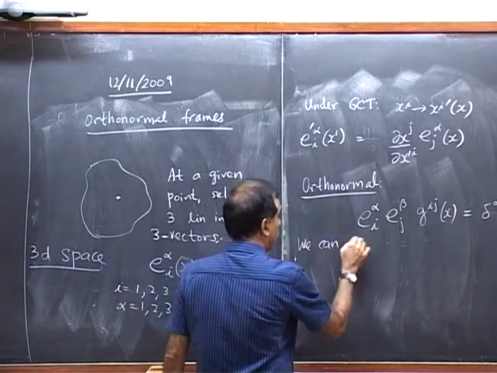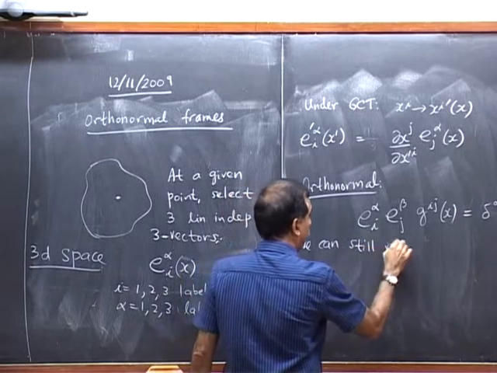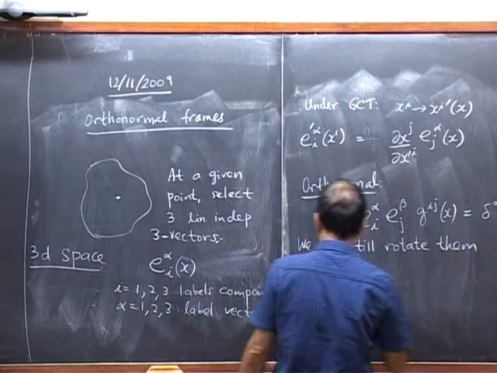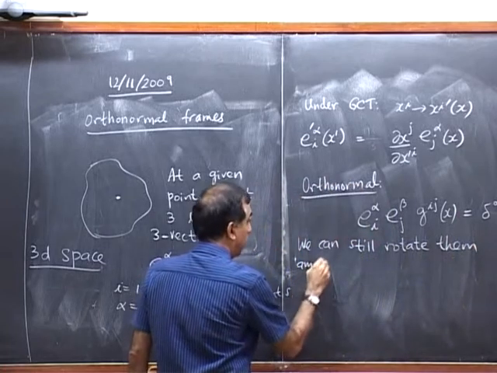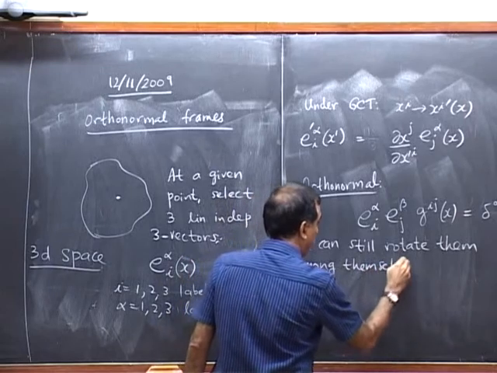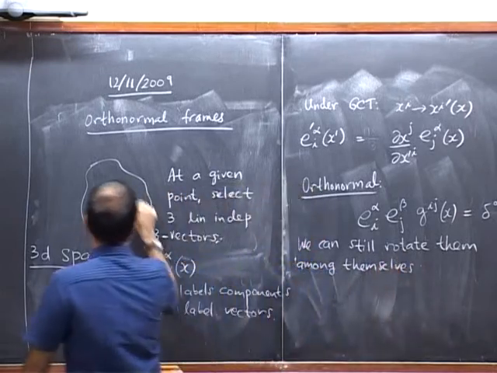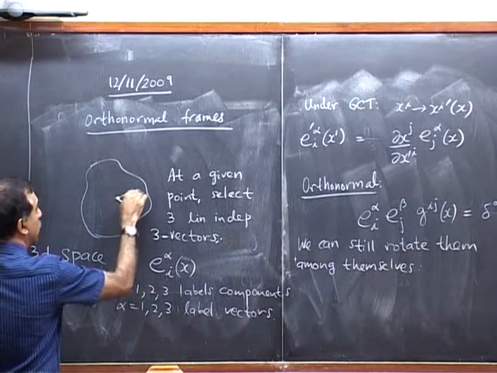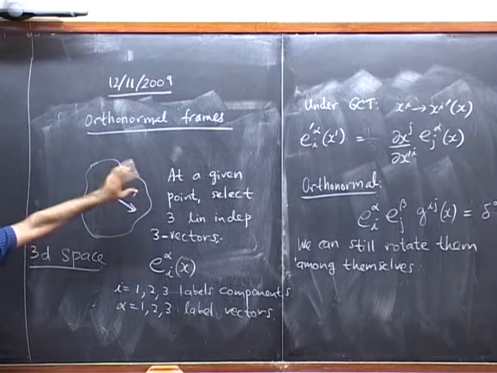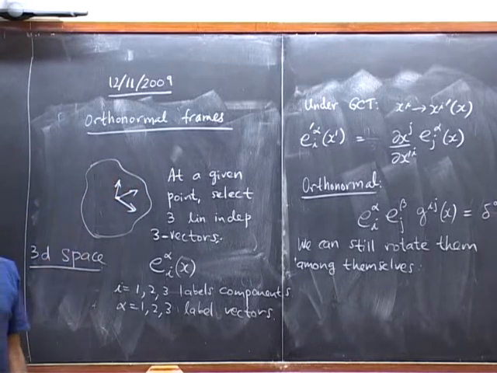We can still rotate them among themselves. But now be very clear what we are doing. Rotate means I've got 3 chosen orthonormal vectors, and I can take the whole thing and move it around. That I can do.